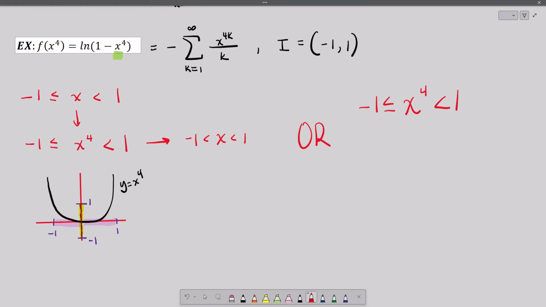Do you agree that this side of the inequality is always true? This is x to the fourth right here. Let me think for one moment here before I say what I was about to say.